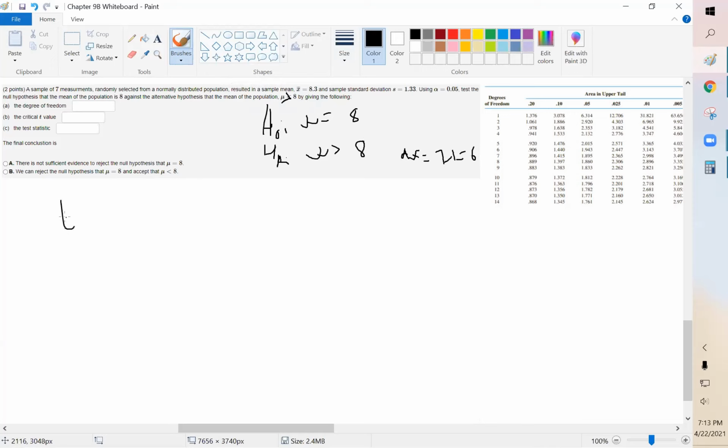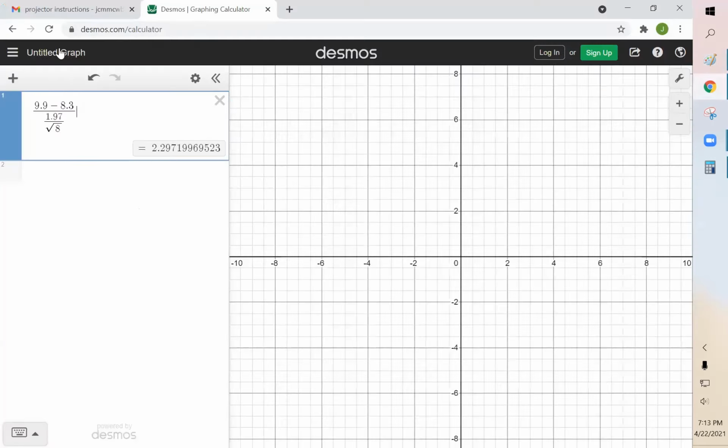So our test statistic is 8.3 minus 8 over our sample standard deviation of 1.33 over the square root of 7. Let's put that into our calculator. So we get a t-score of 0.597.